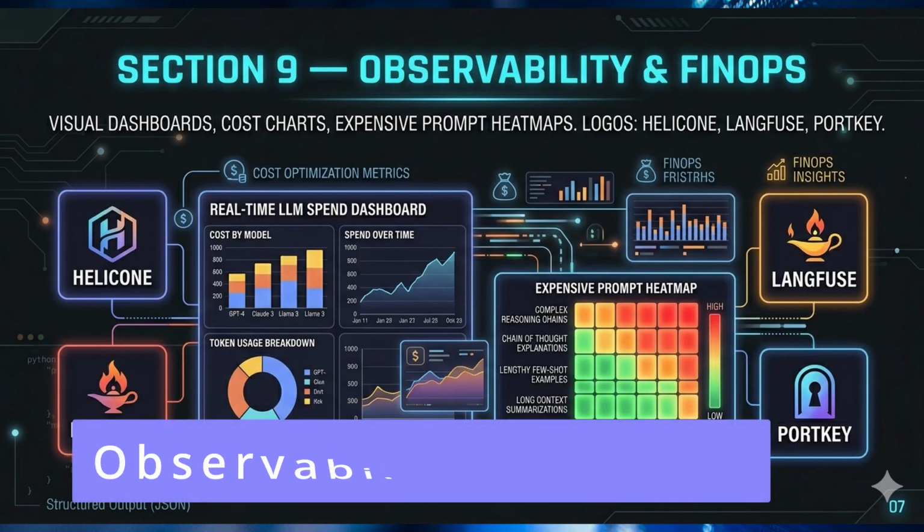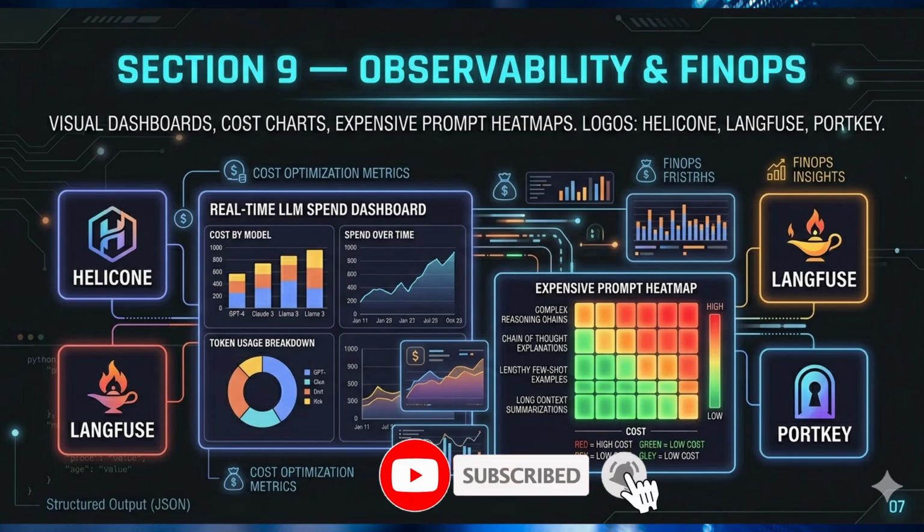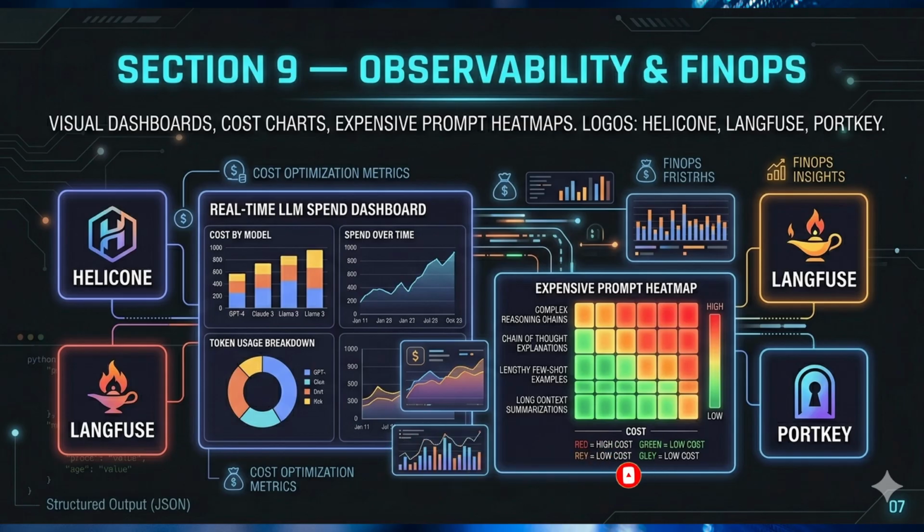The final technique is LLM observability and FinOps. You cannot optimize what you cannot measure. Most companies have no visibility into which features are expensive, which prompts consume the most tokens, which users generate the highest costs, which models are inefficient. Observability platforms solve this. Popular tools include Helicone, Langfuse, Portkey.